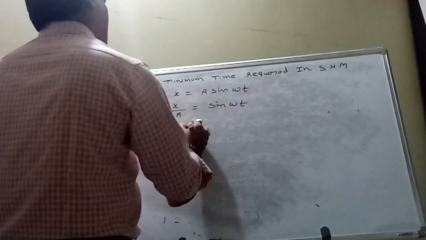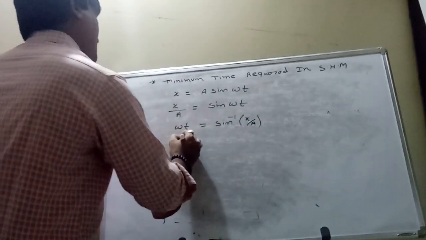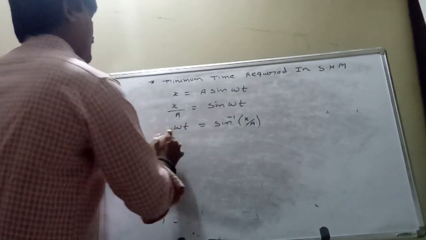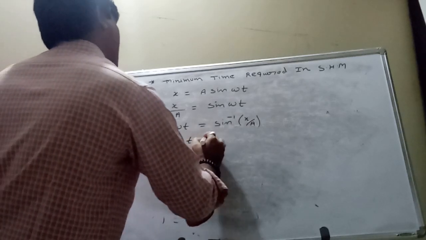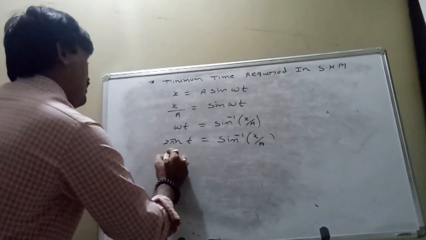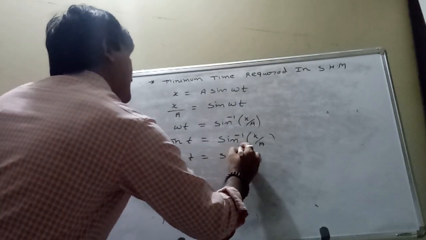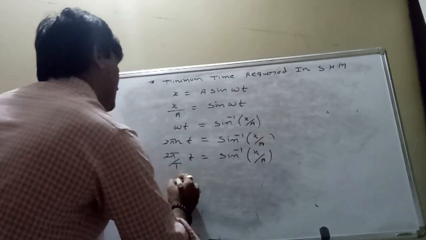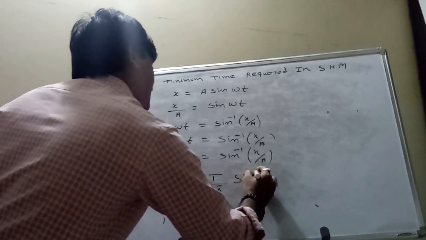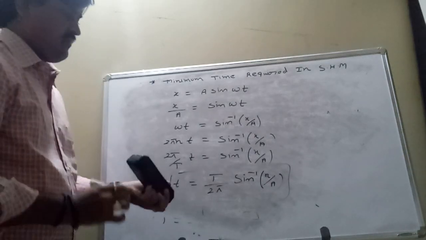So omega t equal to sin inverse x by a. Since omega is 2 pi by T, 2 pi by T into t equal to sin inverse x by a. So t is equal to T by 2 pi sin inverse x by a. This is the minimum time equation.